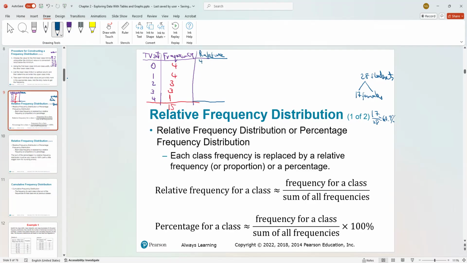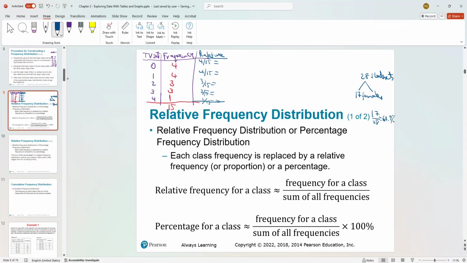Yes, I need to divide 4 by 15. And I would do the same for the second one, the third one, the fourth one, and the last one. So that's what we call relative frequency distribution or percentage distribution, because that's very important to see.